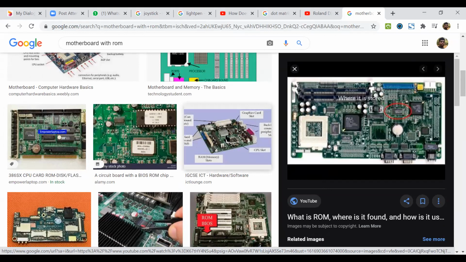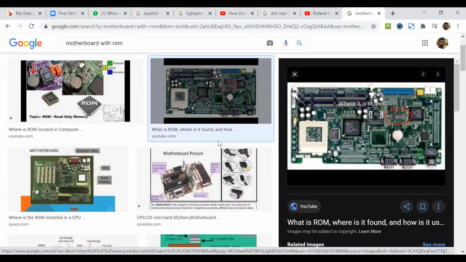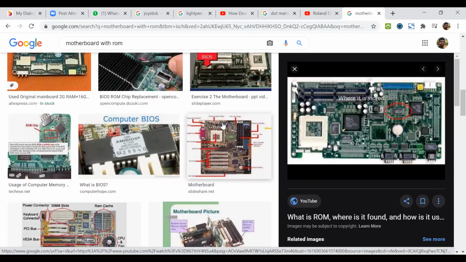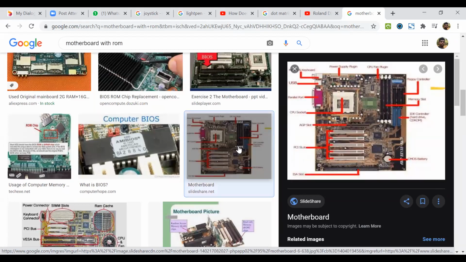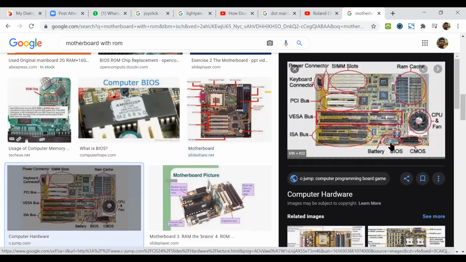Let me show you. So here we have the ROM chip, where we have the information you need to start the computer.